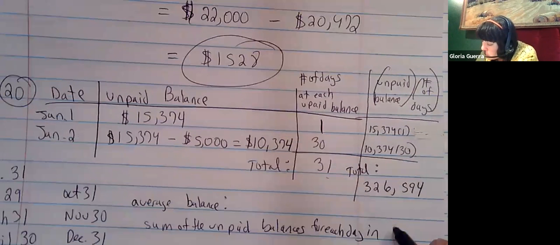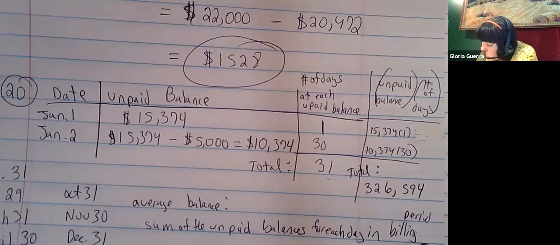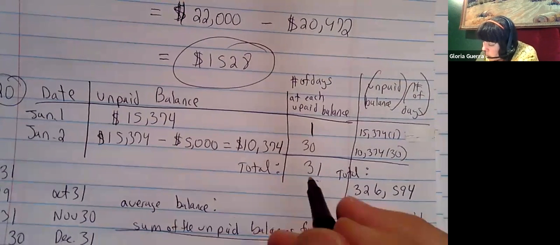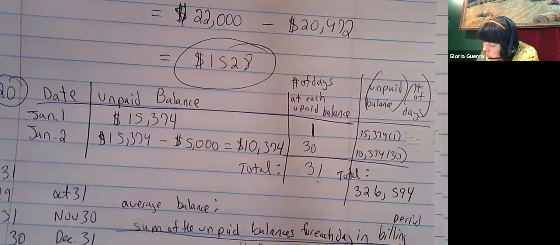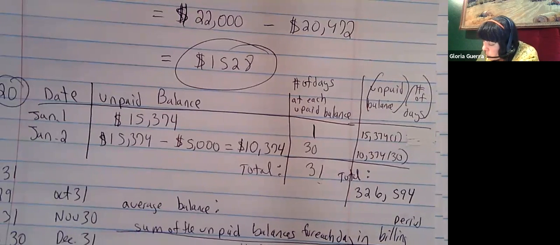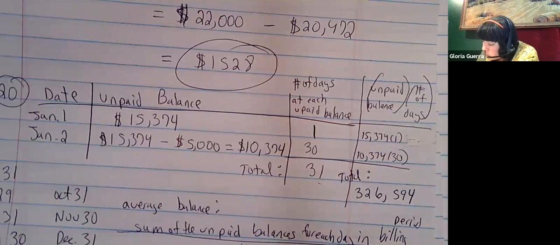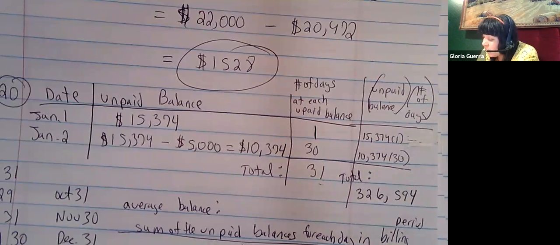That's what your formula says. And you divide it by the number of days in a billing period. So that should give you this 326,594.